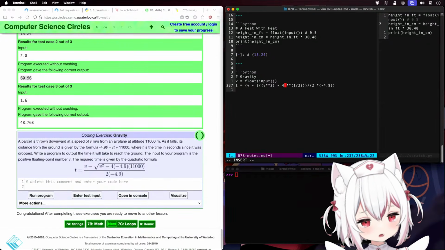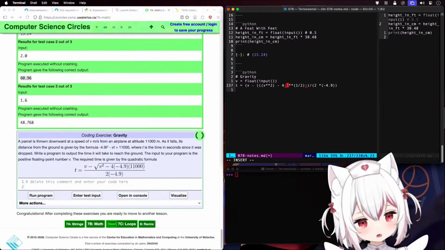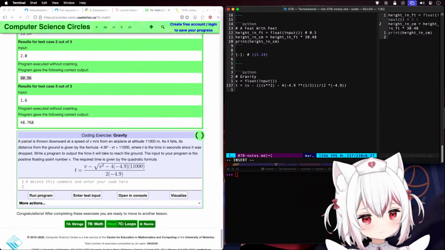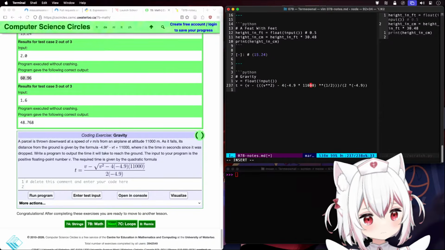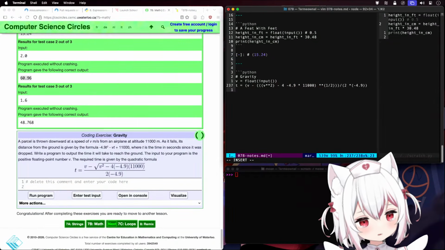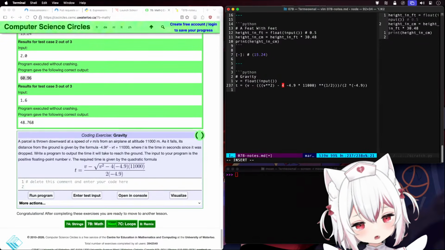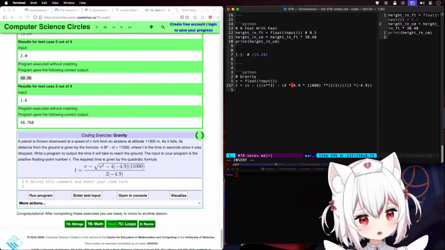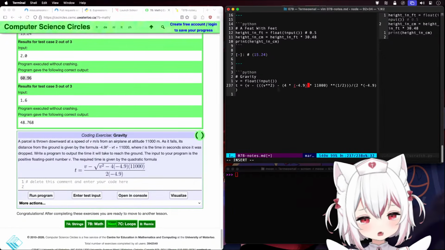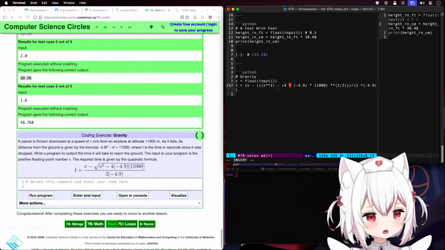Minus. We have negative 4.9 times 11,000. Let me just double check this. We have minus 4 times. Oh, this is an abomination. Look at this abomination.